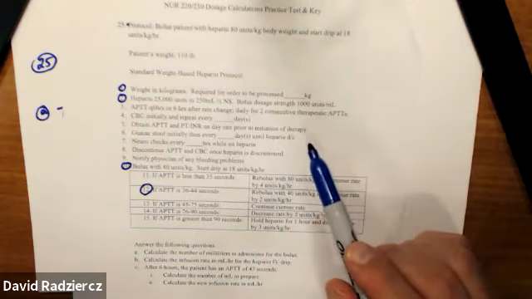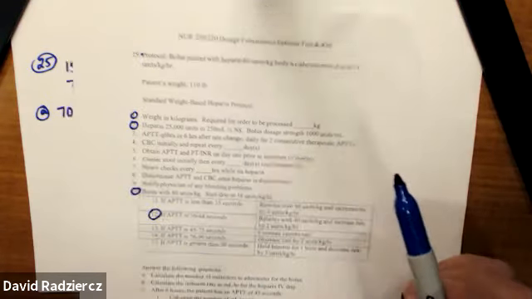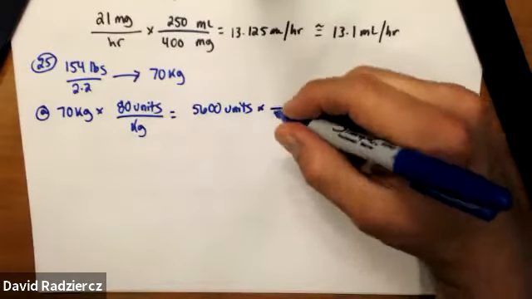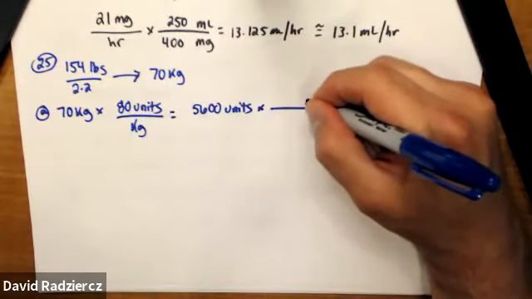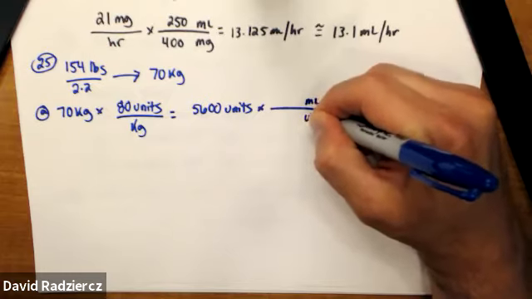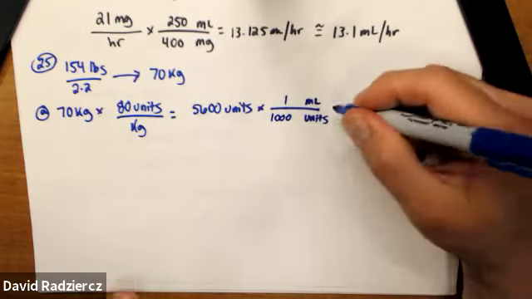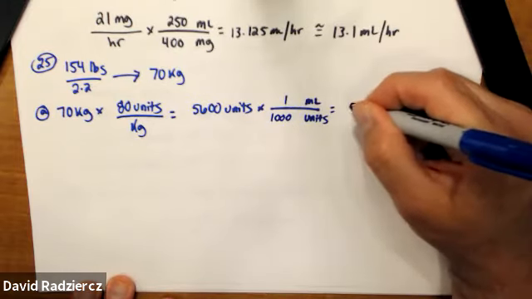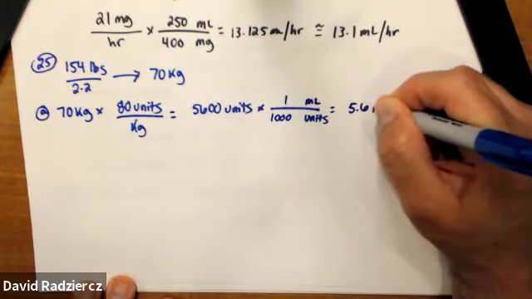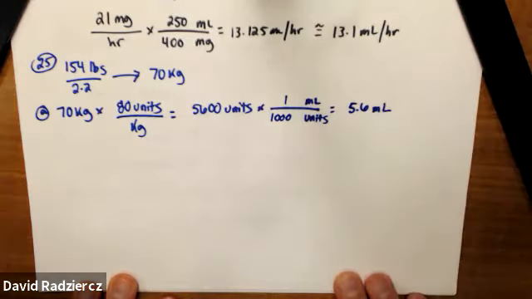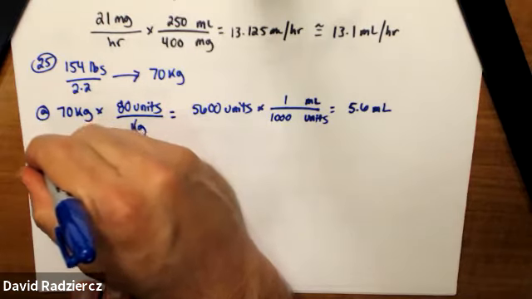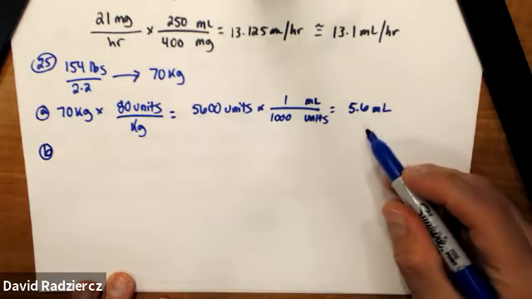Since we're calculating the bolus, we're going to use the bolus information. So I don't want units, I want milliliters. Each milliliter contains 1,000 units, so we're going to get 5.6 milliliters. That would be our initial bolus.